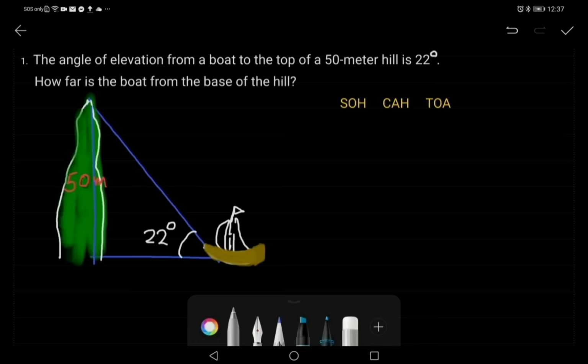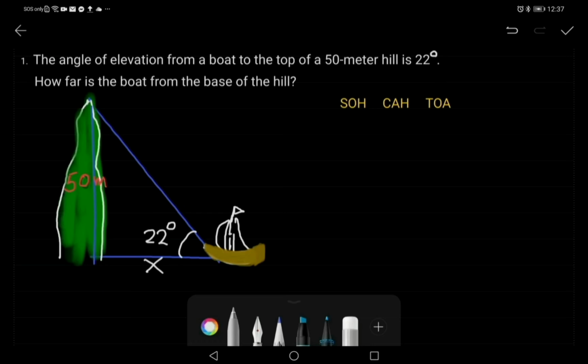So we will write here x. So x is the adjacent side of the 22-degree angle. And the opposite of the 22-degree angle is 50 meters.